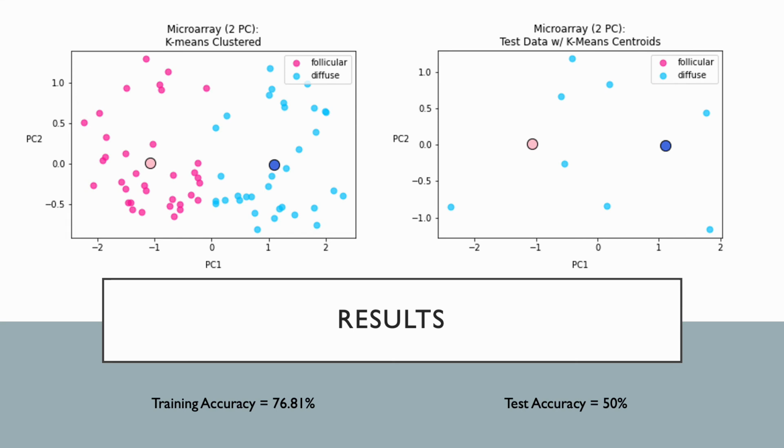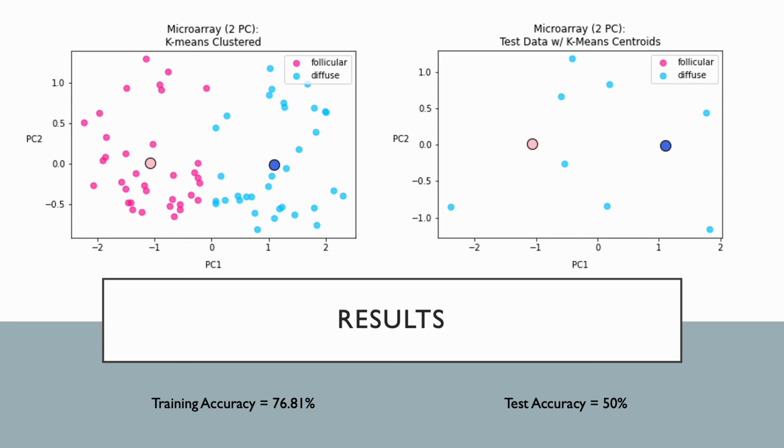And on the right, we observe the 8 samples that we left out, and we test our model on these 8 samples. They all happen to be the diffuse class, and we were able to get 50% accuracy.